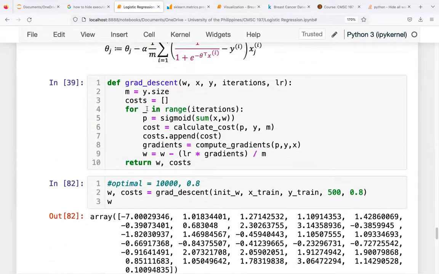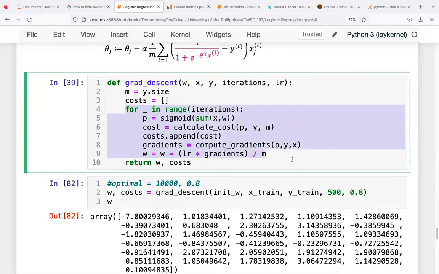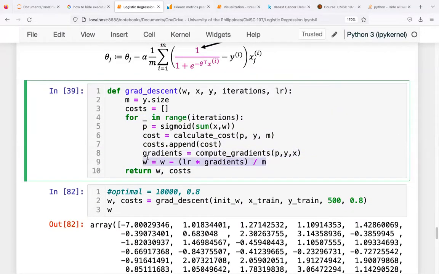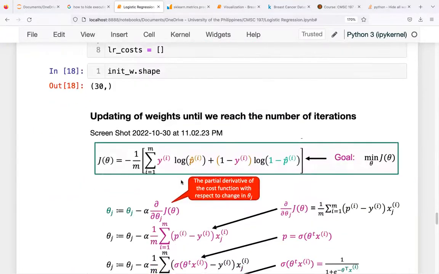So let us try to see it in code. We have this for loop that does the gradient descent. Okay, so we will repeat it with a certain number of iterations. And so after computing the gradients, we can now update the weights. Okay, so this is pretty much equivalent to this part.